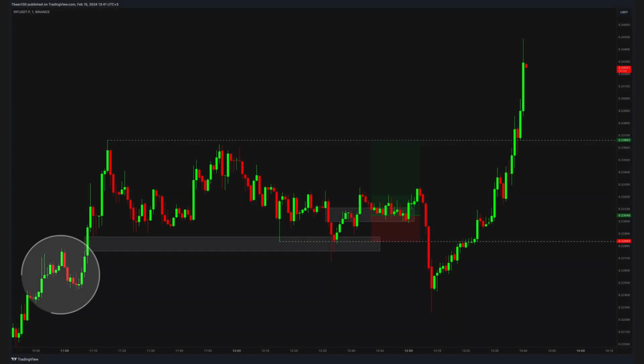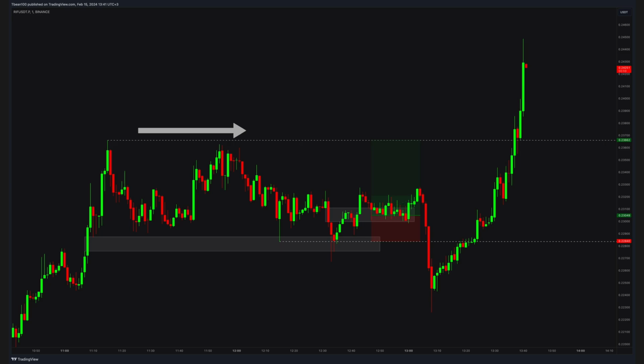Now this one is different. This is what I call perfect loss, a good loss. Let's see. Look at the base here. Sweeps inner liquidity, taps the imbalance, and fires up. Then check the target. Perfect equal highs. Perfect base, perfect target.